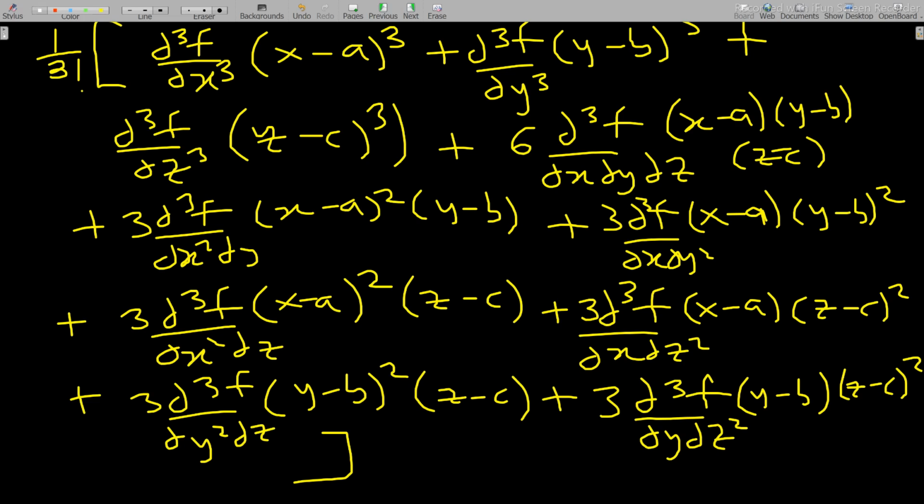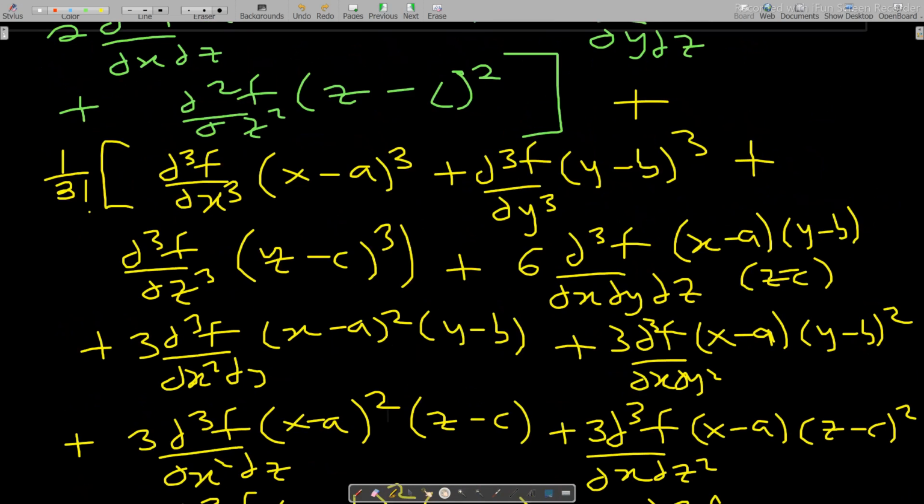When you multiply 1 over 3 factorial through the whole of this, the terms with only one constant coefficient are just 1 over 3 factorial times, but where you reach the 6, they will cancel. You can choose to expand or maintain it like this. So see how and where the equation is coming from.